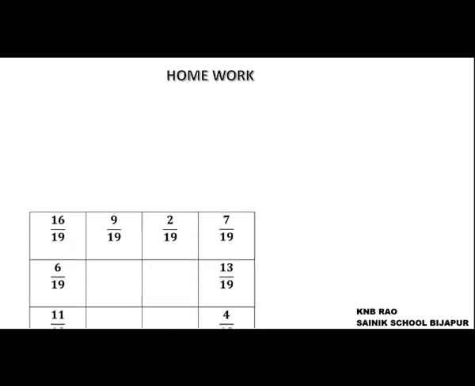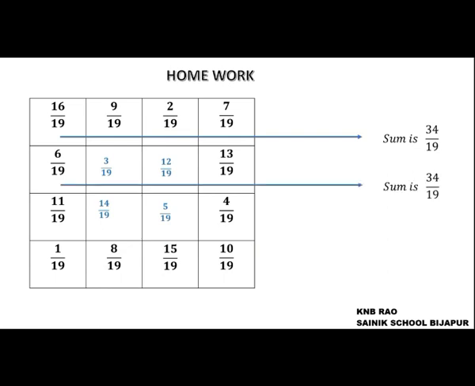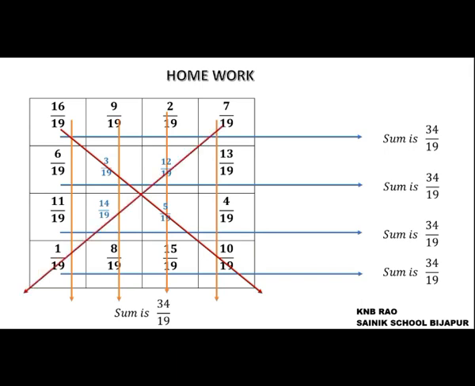Here I have the rational numbers brought into the simplest form, then 3 by 19 coming in the box, 12 by 19, 14 by 19 and 5 by 19, so that their sum is 34 by 19, either row wise or column wise or even diagonally. This is the solution.